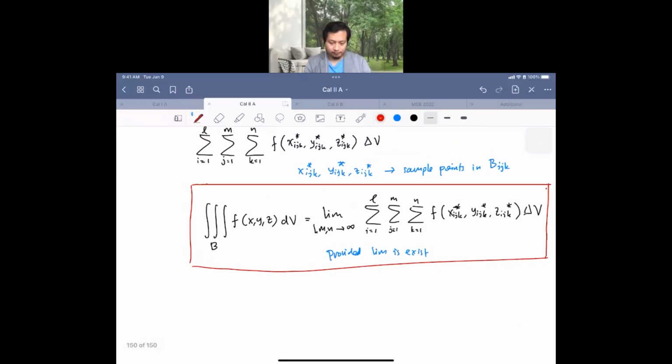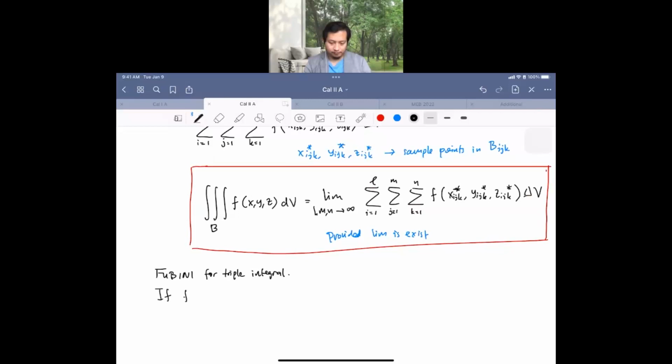Now, of course, from here we can also make the Fubini theorem for this triple integral. So Fubini for triple integrals.